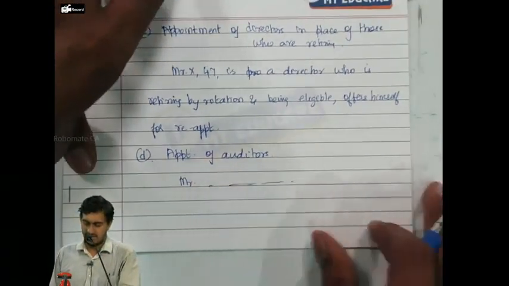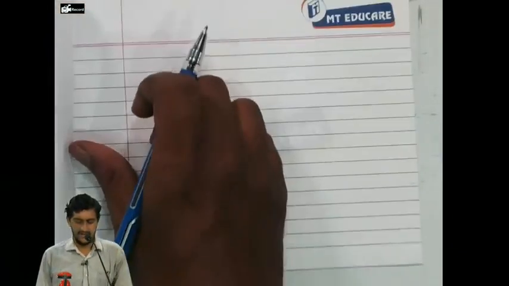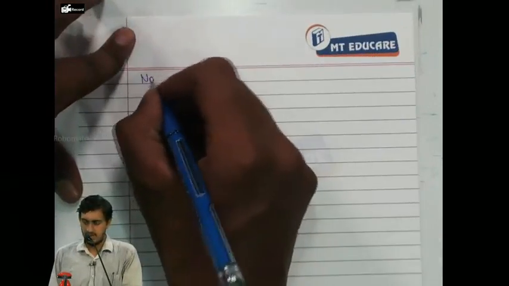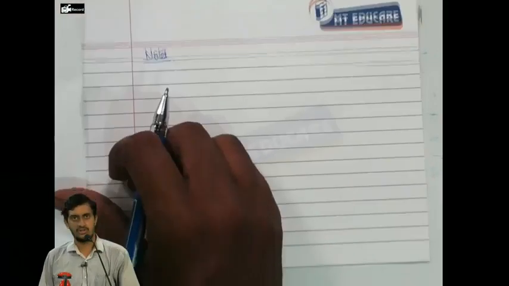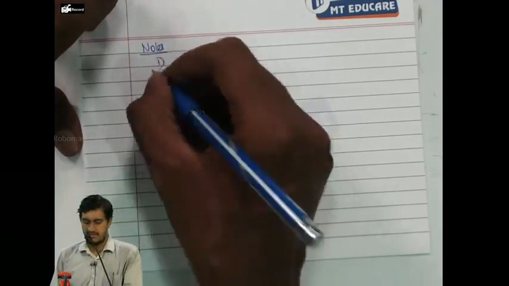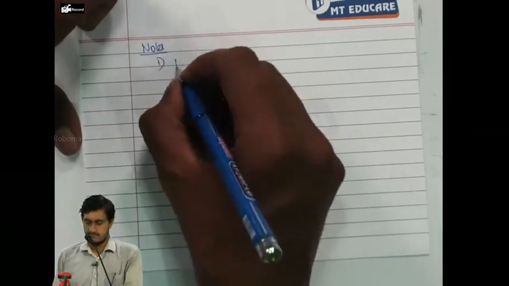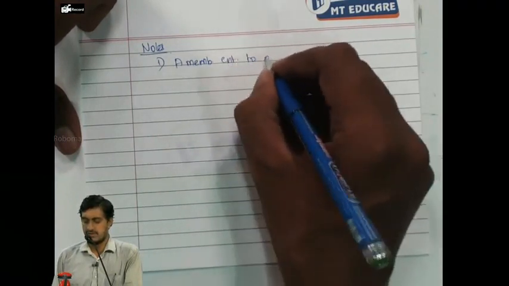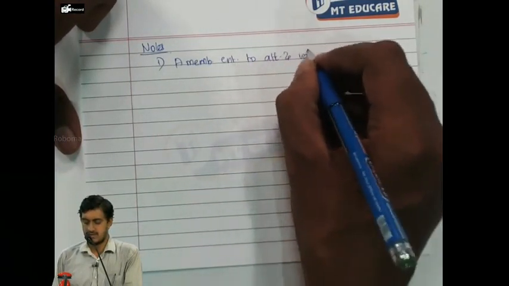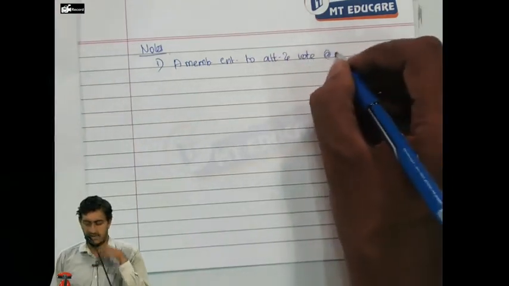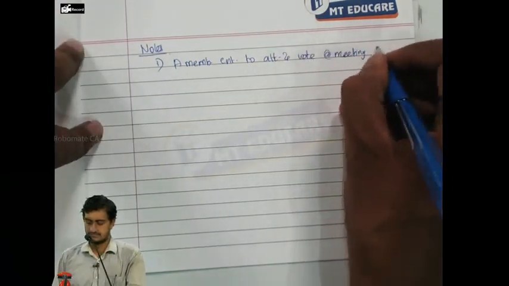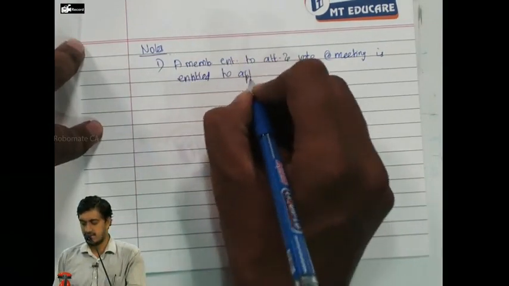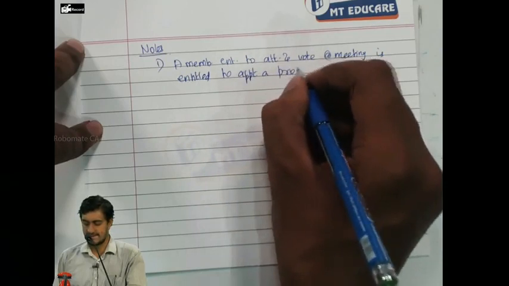So this I am leaving to you. You can write "Appointment of auditors", and then give some notes here. Number one, a member entitled to attend and vote at the meeting is entitled to appoint a proxy.